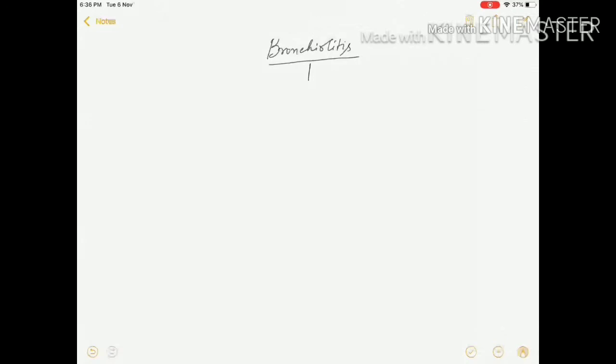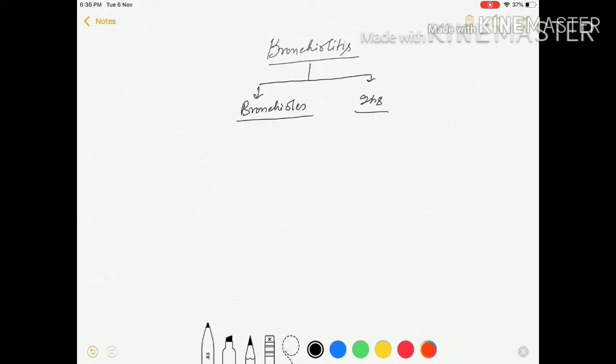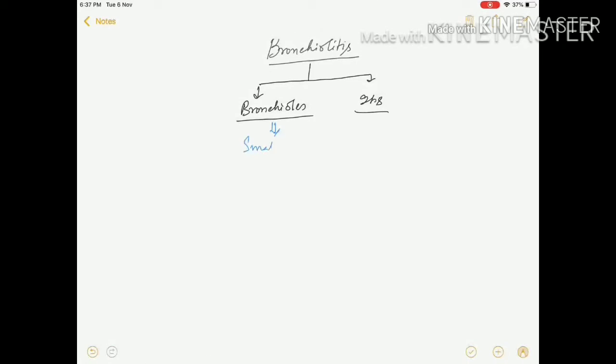Bronchiolitis actually has two terms. One is bronchiole and the other is itis. Bronchiole means the small airway. Itis means inflammation.